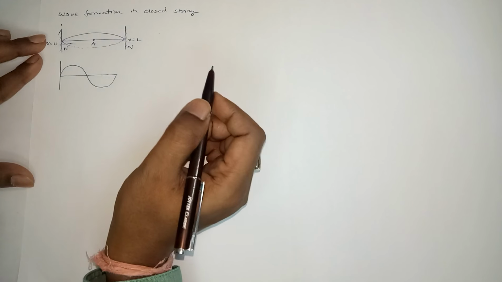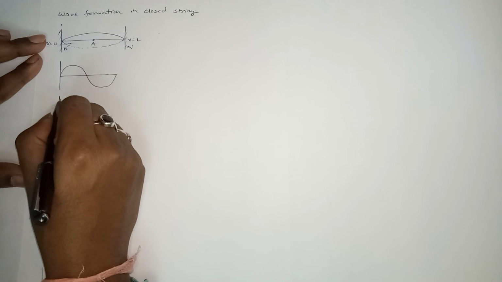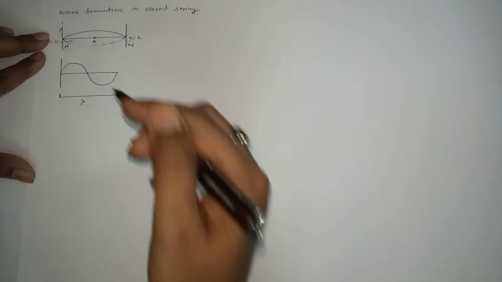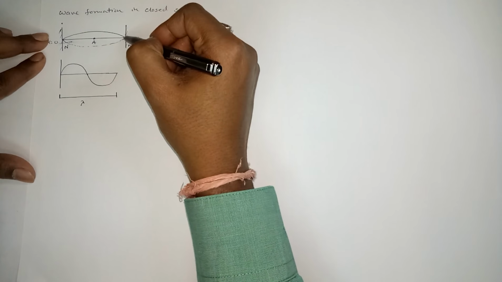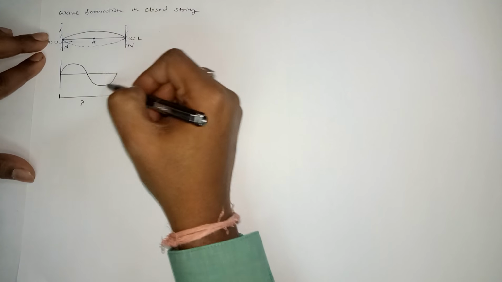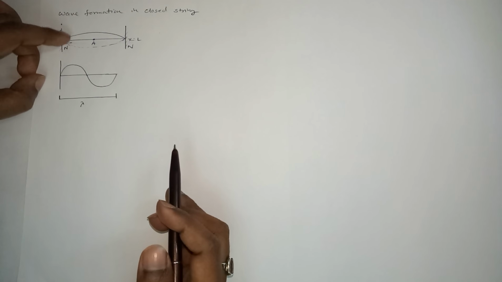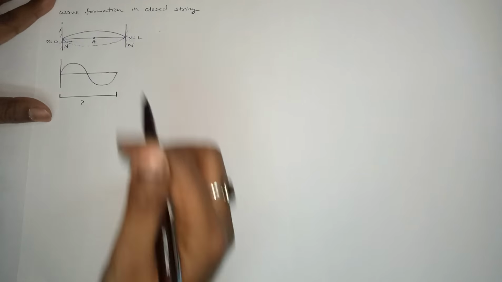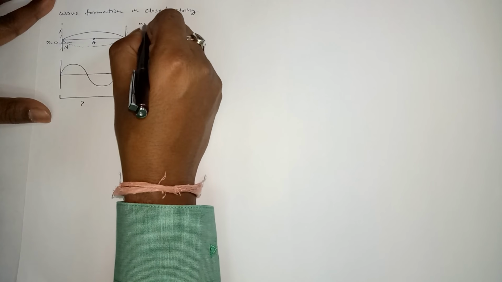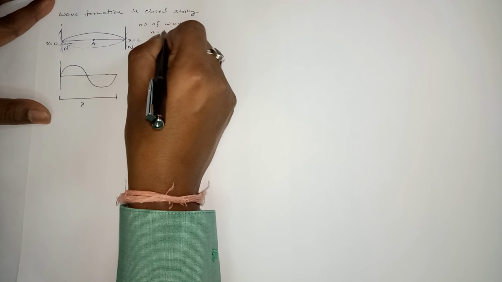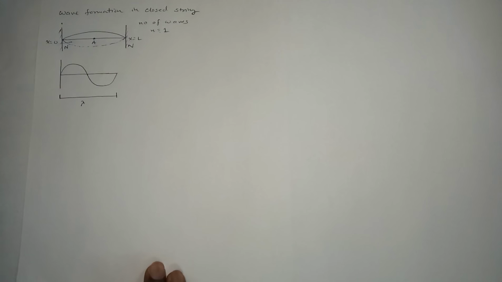This is the wavelength of this wave. You can see this is the positive half and this is the negative half, so one complete wave is there in this situation. So the number of waves n is equal to 1.